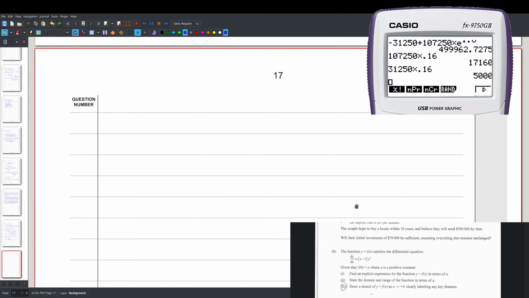So what do we want to do? Find an explicit expression for the function. So this one: dy/dx equals (x minus 1) times y cubed. This one is just 1 on y cubed dy equals (x minus 1) dx. Integrate both sides.